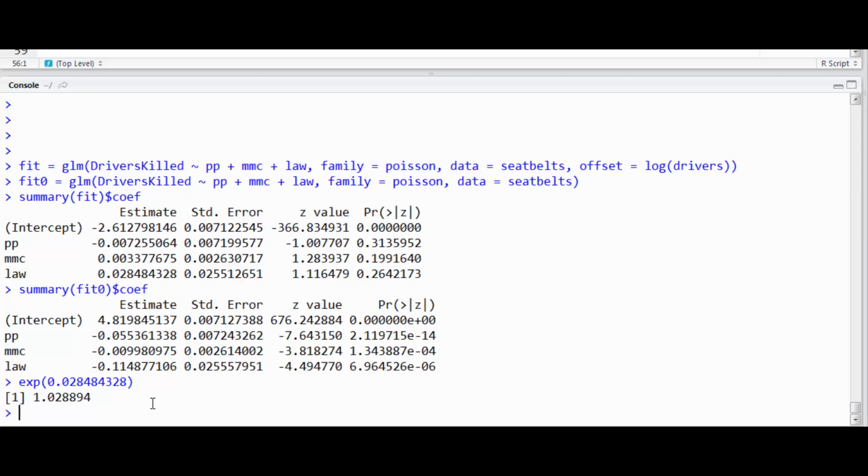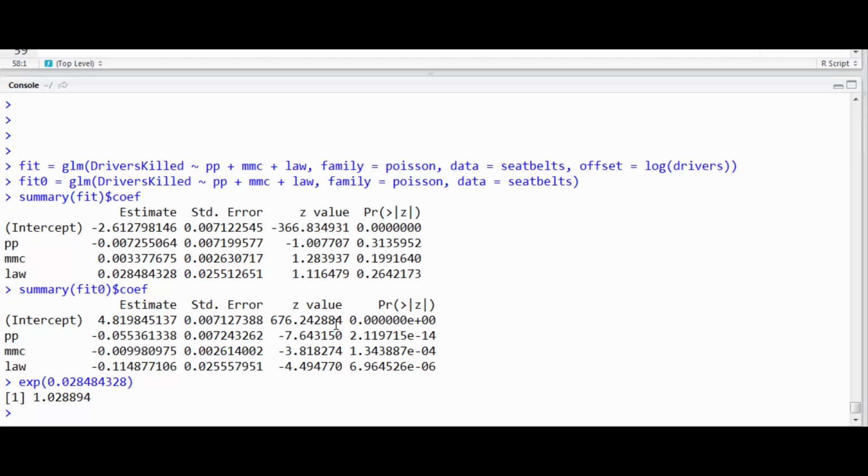So it's about a 3% increase in drivers killed among those killed or seriously injured after the seatbelt law was enacted, in contrast to a decrease in the number of drivers killed after the law was enacted, if we don't think about it relative to the number of total drivers killed or seriously injured.